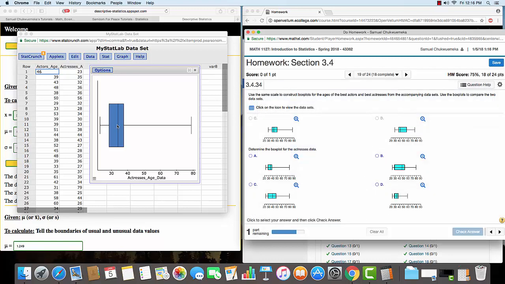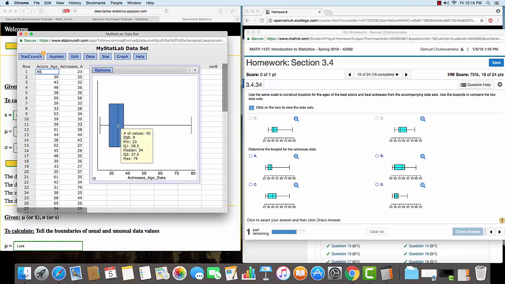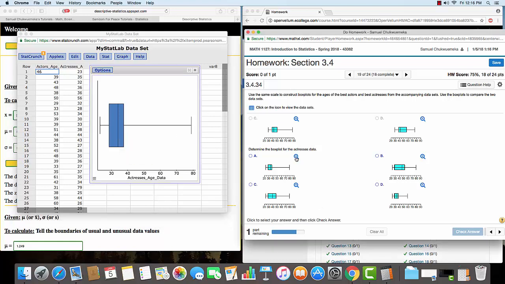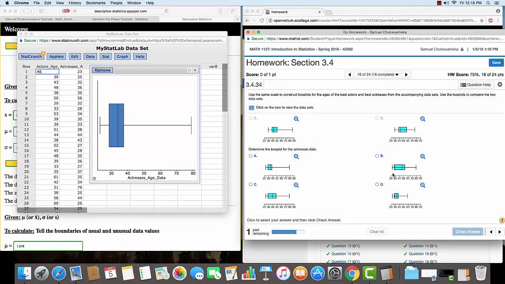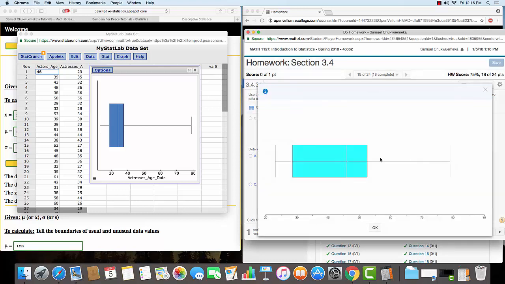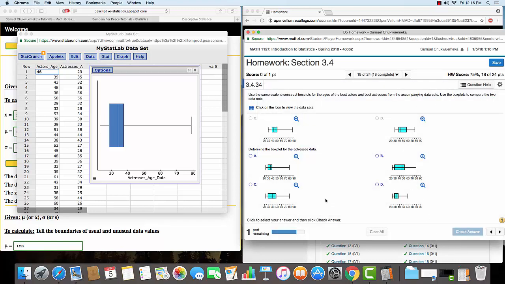All right, the median is 34. A is okay. B is not. B is more than about 45 or more than that. So B is out.